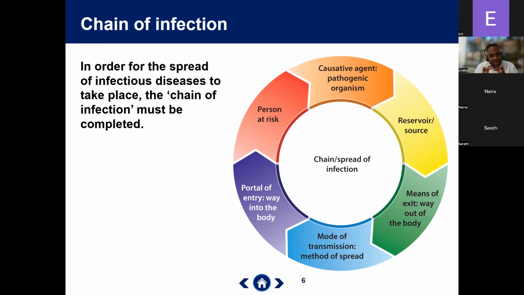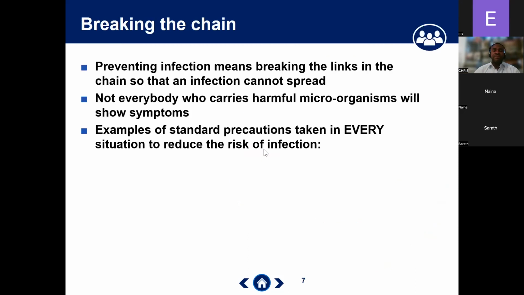So infection has become effective in the person's body. And we say this person has an infection. So this is the chain of infection. Okay? Not until this chain is completed, infection hasn't occurred. It hasn't spread. Any question?